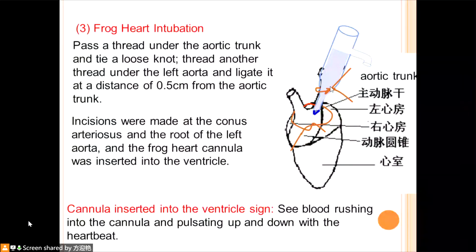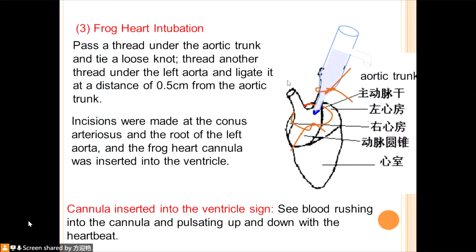And here we should also tie this tightly and then cut the thread and cut the trunk. If we tie it tightly, then the blood cannot flow.